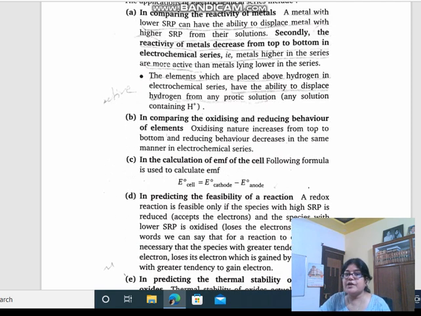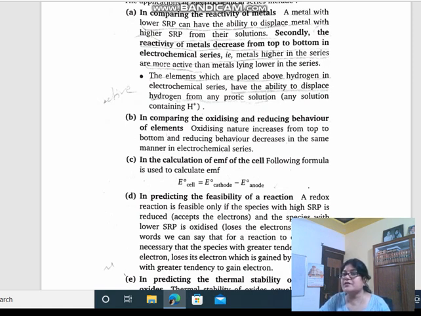Firstly, in the first point, we learn reactivity decreases, R for reactivity. Similarly, in the second one, we can see that reducing decreases, so this is again from R. So when reducing decreases, oxidizing increases.